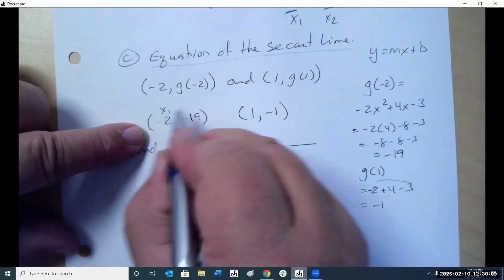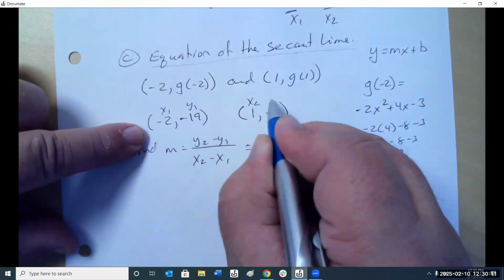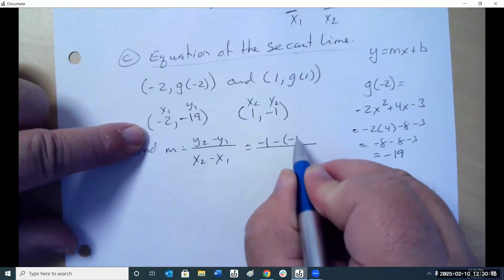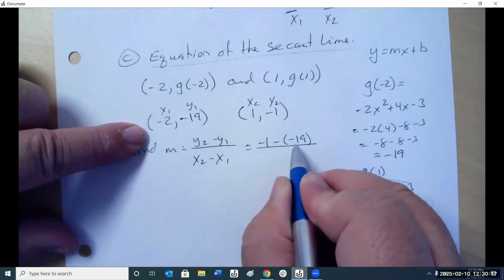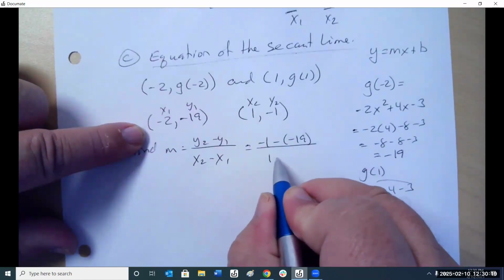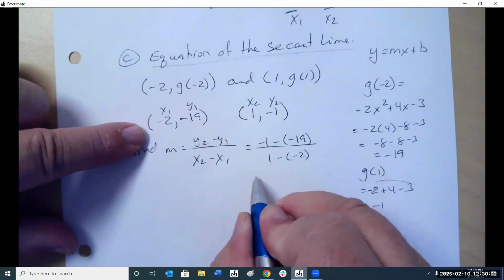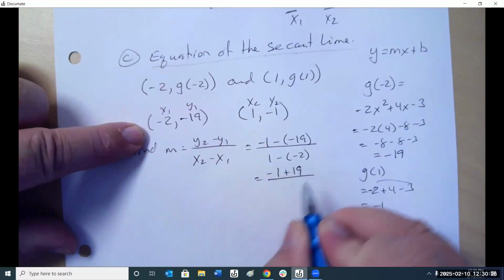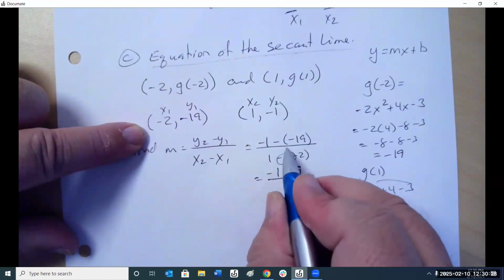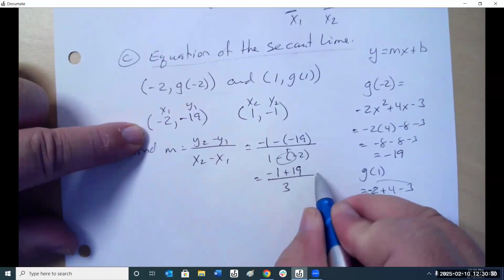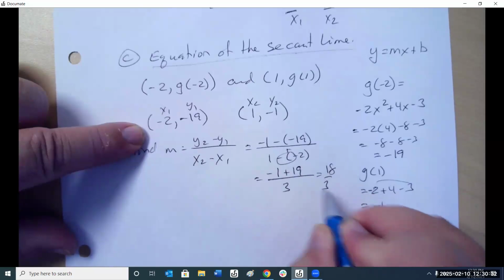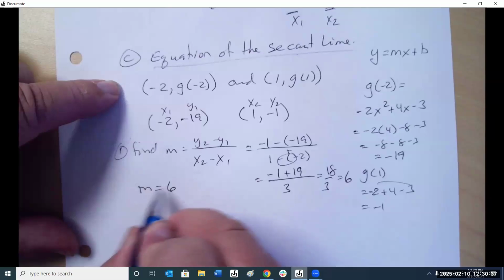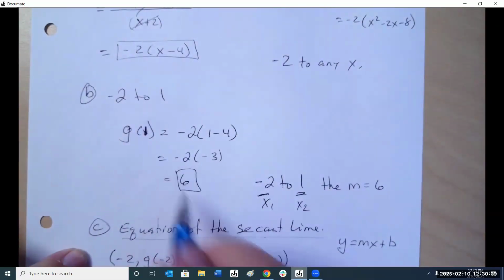So here's x1, y1, x2, y2. -1 minus -19 over 1 minus -2. -1 plus 19, that's 18, and 1 plus 2 is 3. So we have 18 over 3 is 6. So my slope is 6, which is what we had earlier.